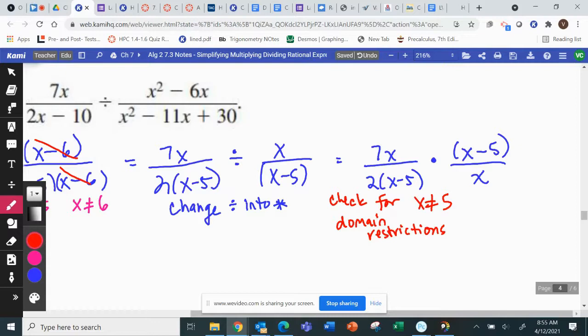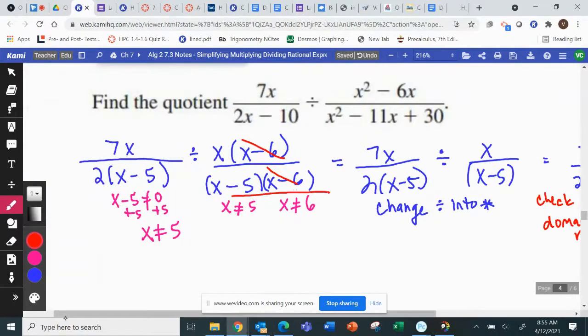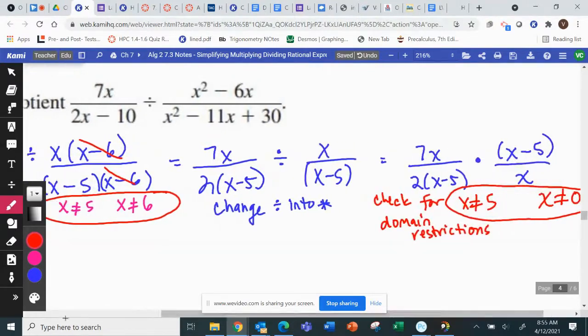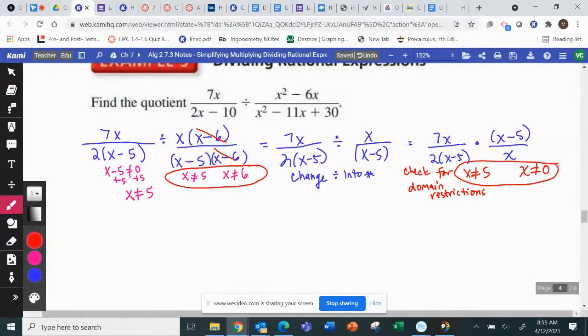And my second one is now x cannot equal 0. Okay, so we have these two domain restrictions. Back this way, we had these two domain restrictions. So really, we've had 3 different domain restrictions so far total.